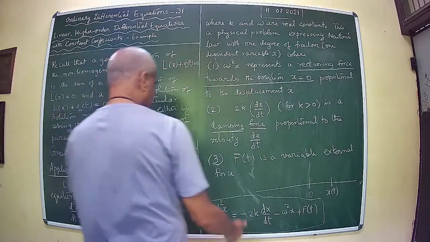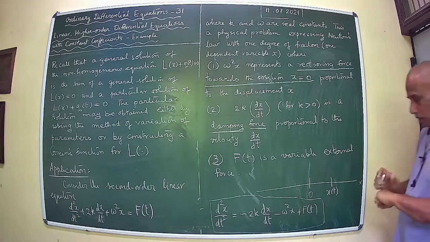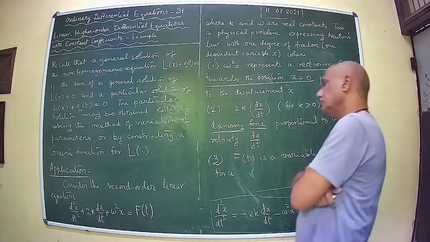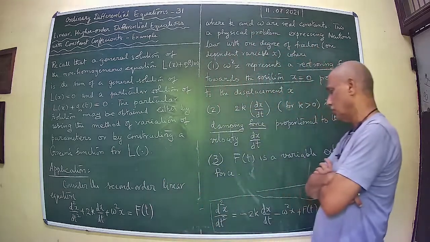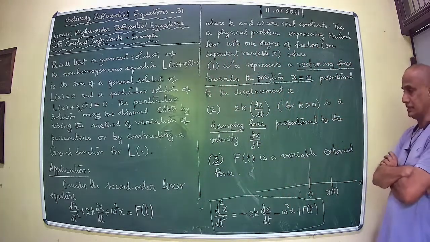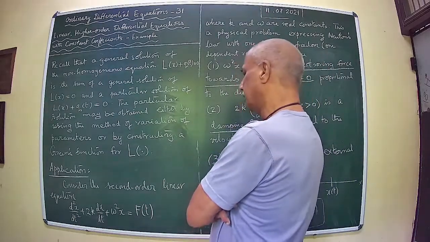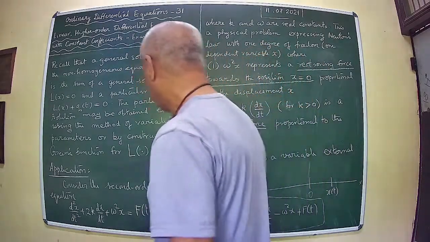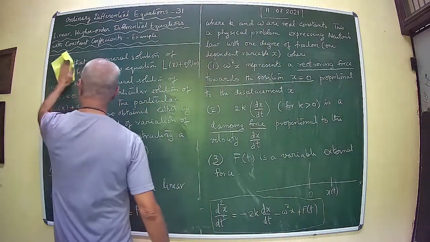So the equality of this will give you what is called the Newton's equation to predict x at time t subject to some initial data. Okay, so that's a technical problem. That's a physical problem that you encounter.